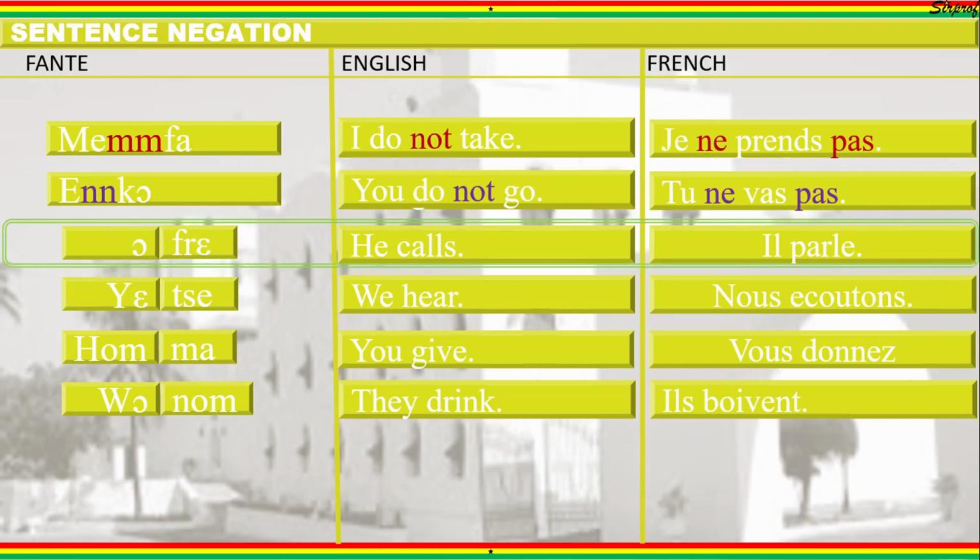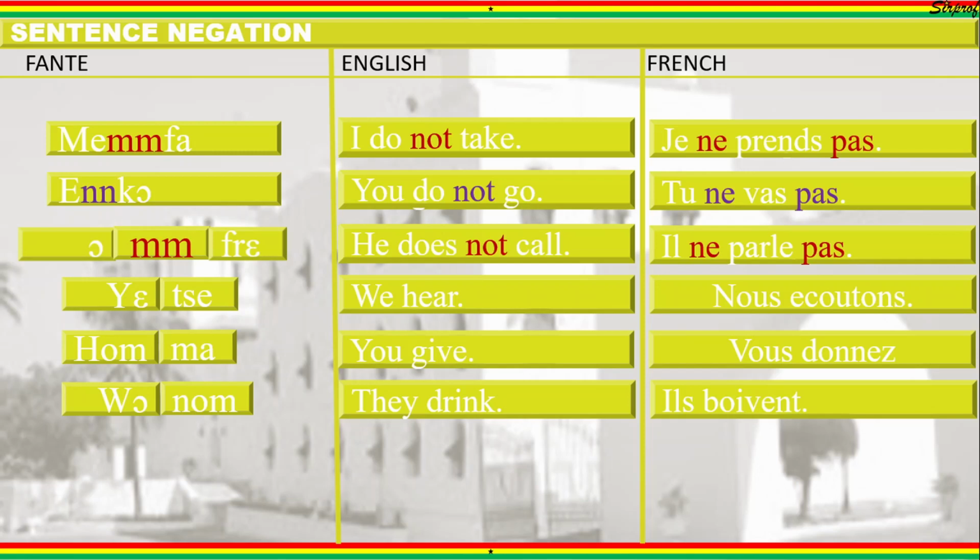Next, o and fre, written as ofre. He calls. Il parle. To make this negative, we use a double M and pronounce it as omfre. He does not call. Il ne parle pas.